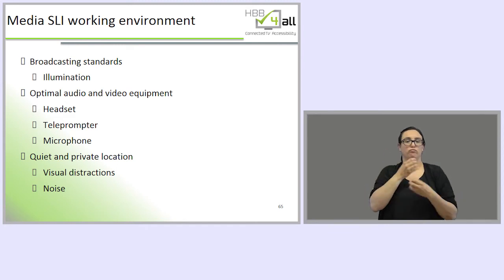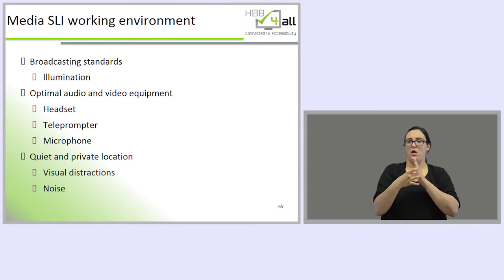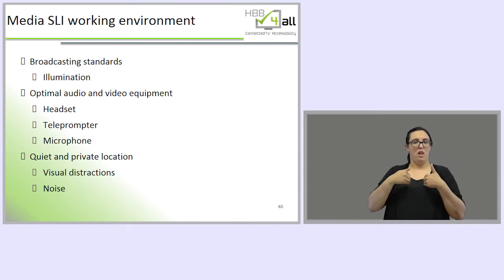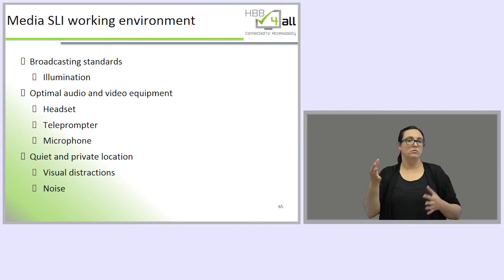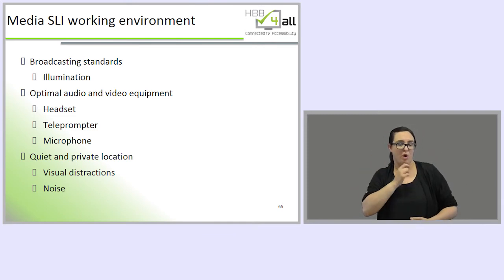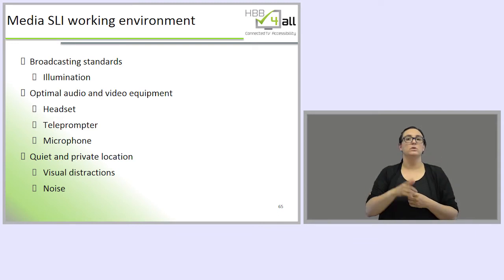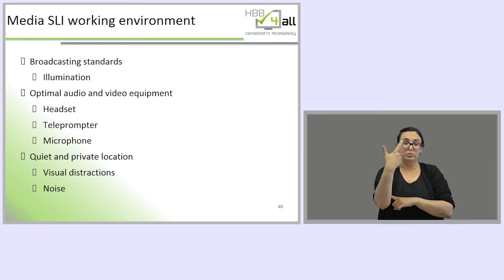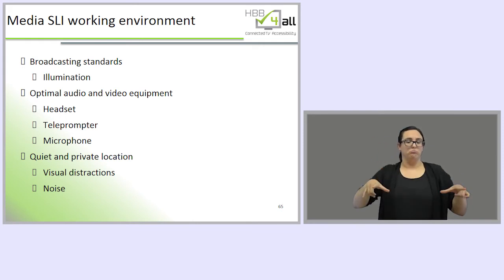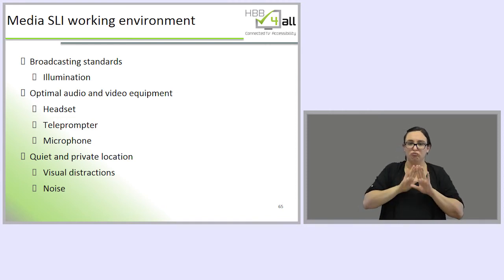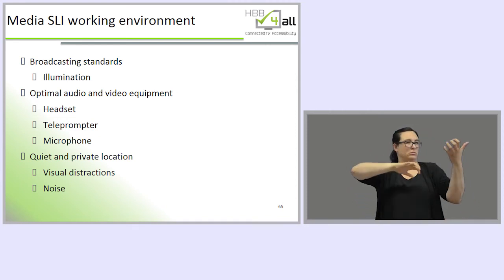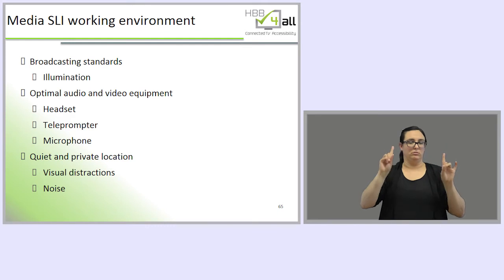But also, optimal audio and video equipment should be available for the professional. For example, when appropriate, headsets, teleprompters or microphones should be provided, depending on the interpreting service. And it is also important that the recording is made in a quiet and private location where there are no visual or auditory distractions that can interfere with the interpreter's job.